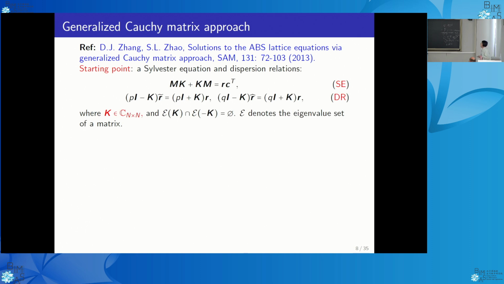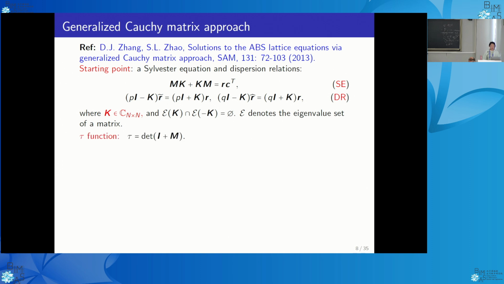And for R, we give an equation, or dispersion relation, expressed in this formula. Of course, for K, we give a condition: the eigenvalue sets of K and minus K are disjoint.